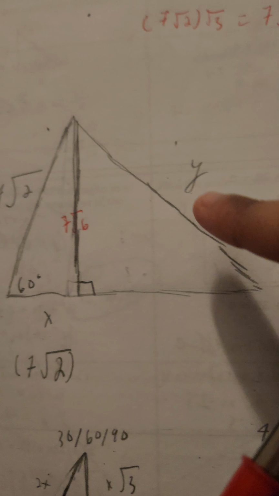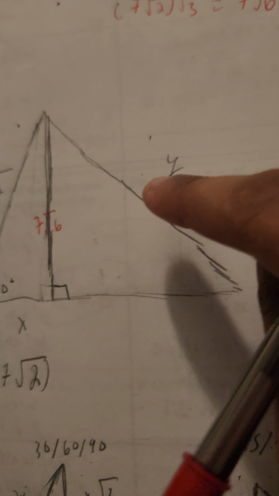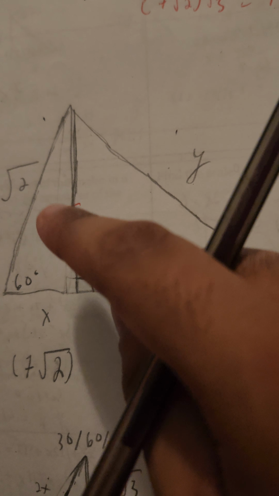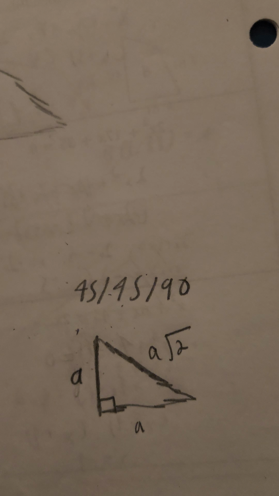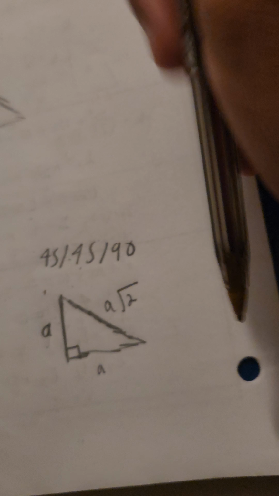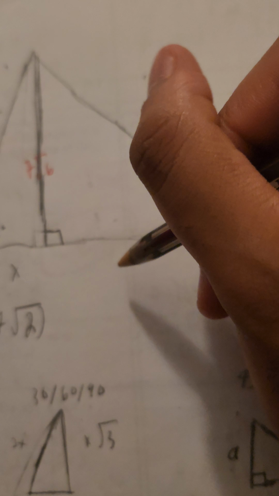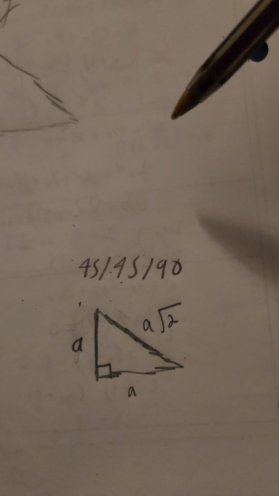So again, in order to find the value of this 45-45-90 triangle, the hypotenuse specifically, all we have to do is again plug in the ratio. So when you look here at the 45-45-90 ratio, these two sides are the same, so we automatically know that this is also 7 root 6.